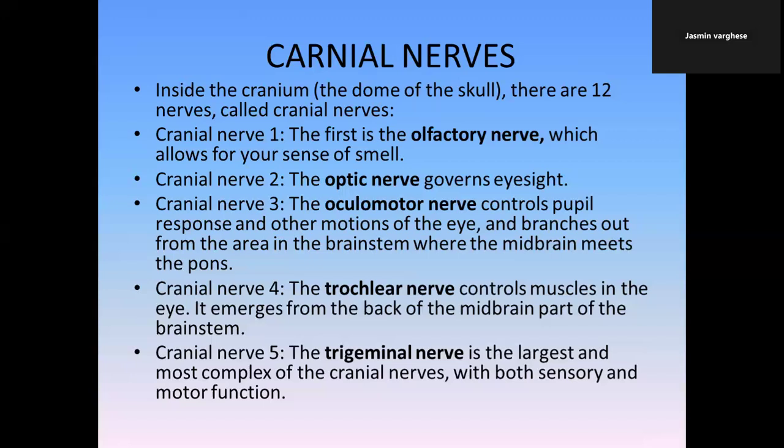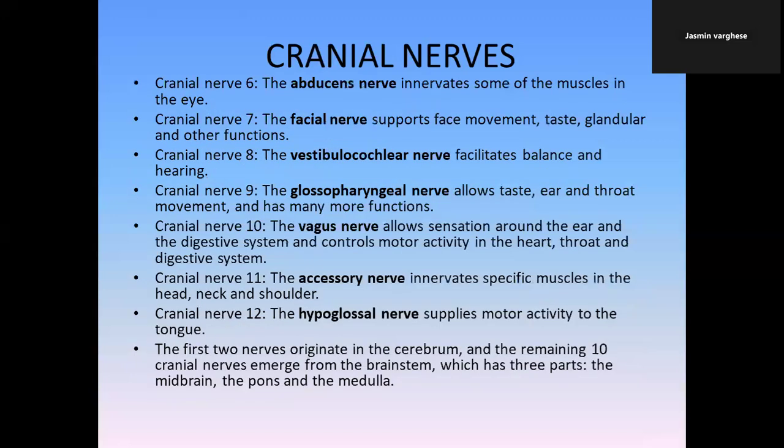Cranial nerve 4, the trochlear nerve, controls muscles. Cranial nerve 5, the trigeminal nerve, is the largest and most complex cranial nerve, responsible for sensory and motor function. Cranial nerve 6, the abducens nerve, innervates some of the muscles in the eye.